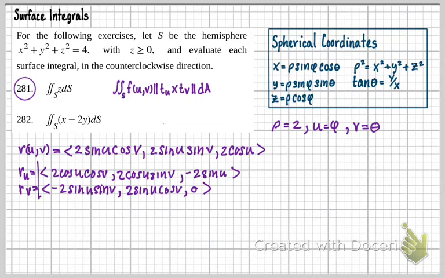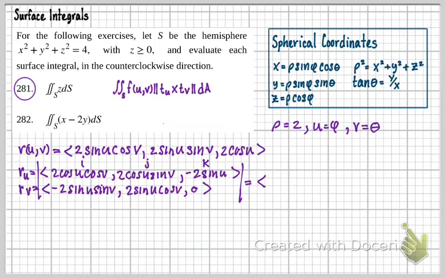Now what we're going to do is take the cross product of those. There's my i, my j, and my k. The first one is going to be the i component, so I'm going to multiply these here minus multiplying those there.